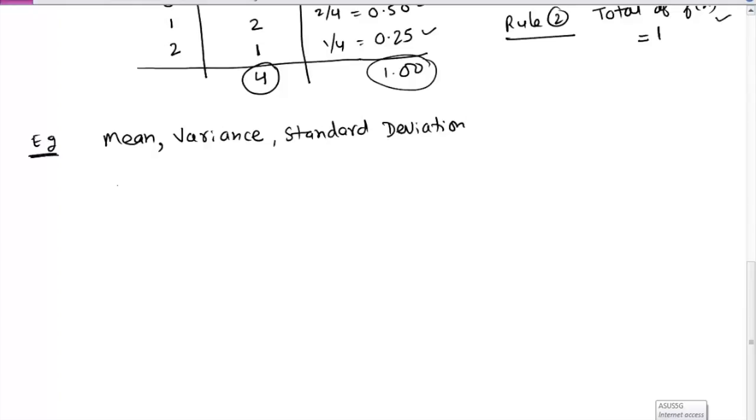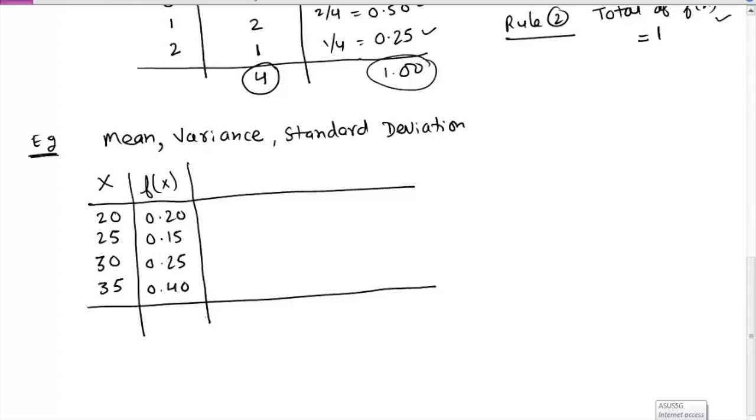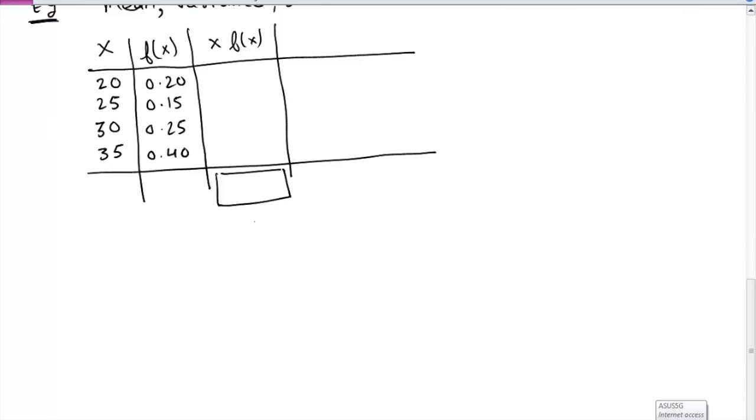So let's say we have data something like this. To calculate mean, we have to multiply these two columns, so X times f of x. In this column, once we add, this number is going to be mean or average, or another name for this is expected value.